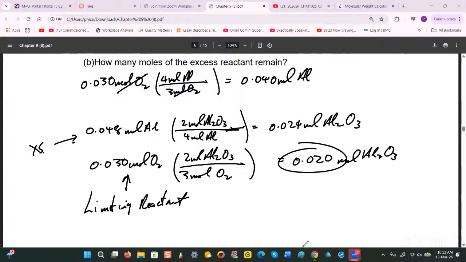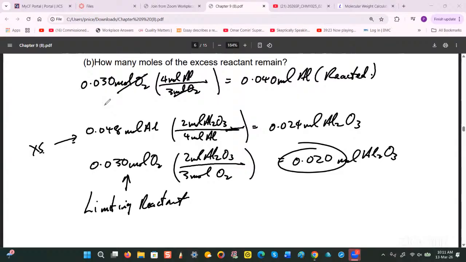And then what next? Then the subtraction, what you're referring to, would come into play. So what would you subtract from what? This is the amount of aluminum reacting, by the way. So what would you do to get the amount of aluminum remaining? Subtract that by 0.048.